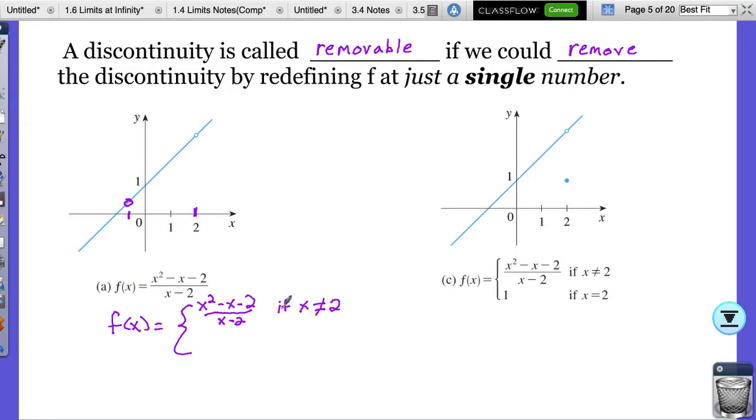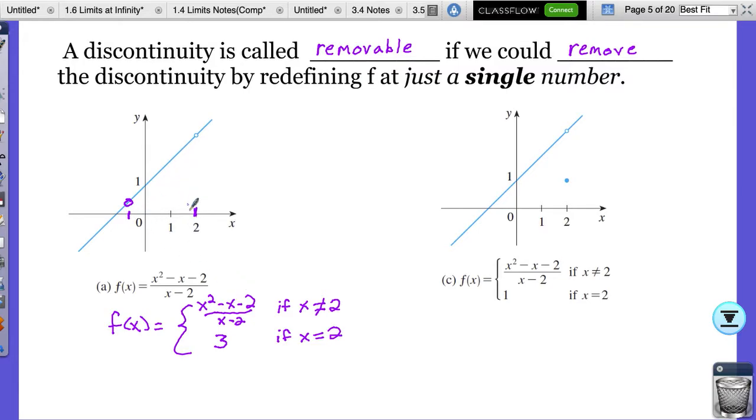Because if x is not 2, that function totally works, and it gives me all the points on that line. And then I would define the other part as 3 if x was equal to 2, because the limit of the top one is 3 when I approach 2, as we saw on that last problem.